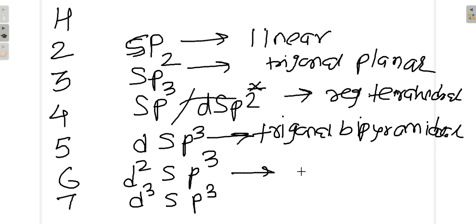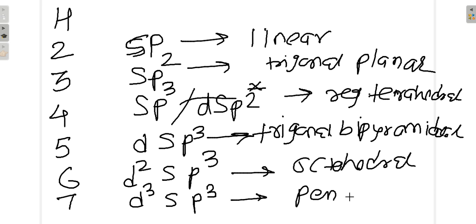D2sp3 is 6, so it is octahedral. And this is 7, so this is pentagonal and bipyramidal. I will actually show you all these structures.